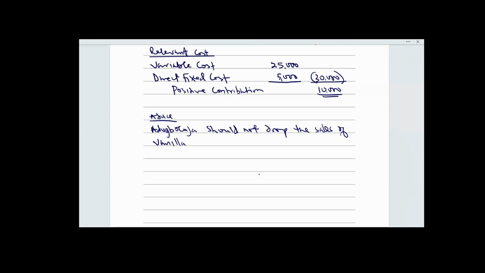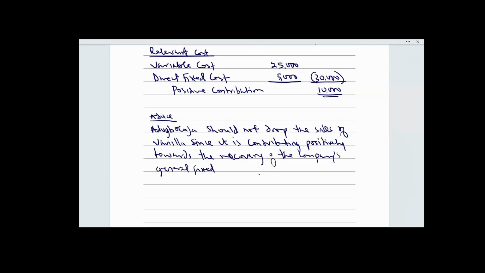Okay, Adigboduja should not drop the sale of vanilla since it is contributing positively towards the recovery of the company general fixed overhead and net profits.